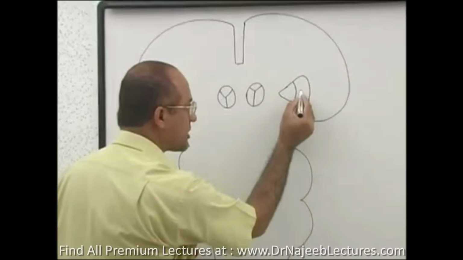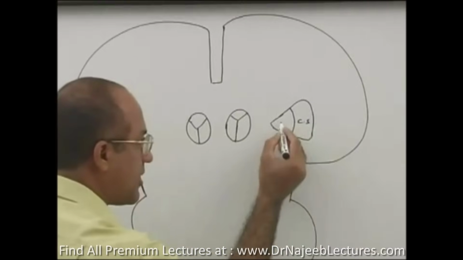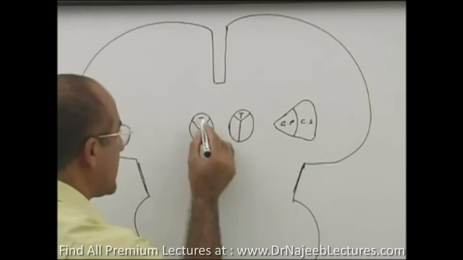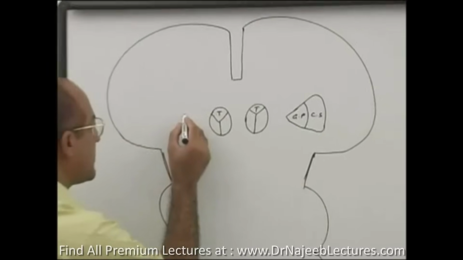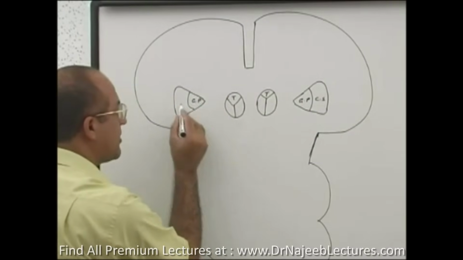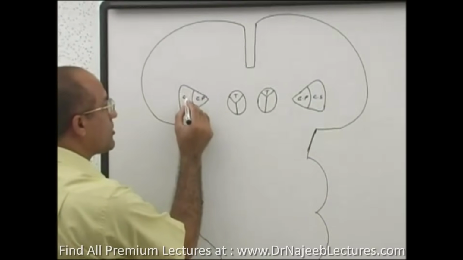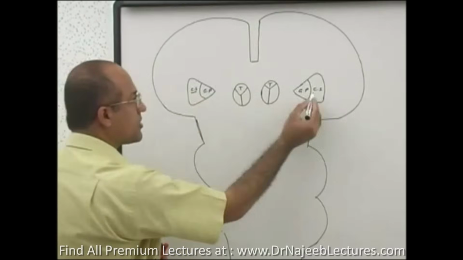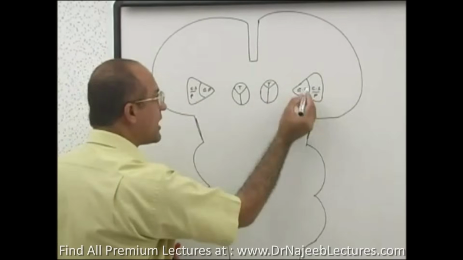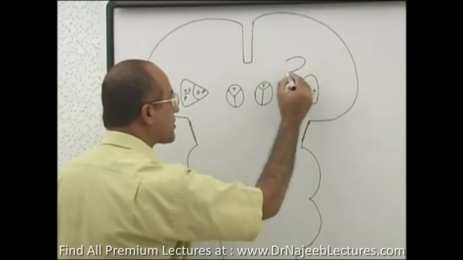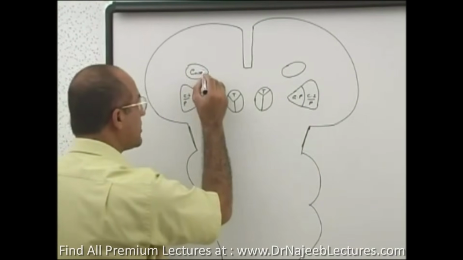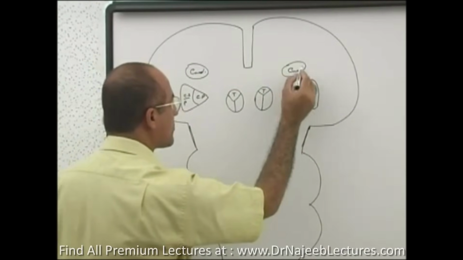So corpus striatum, globus pallidus, here it is thalamus, here again thalamus, and on the other side also we have the same structures, globus pallidus, and there is corpus striatum. Which part of the corpus striatum is this one? Putamen, very good. And if I put another part of the corpus striatum here, what is that one? Caudate, right?